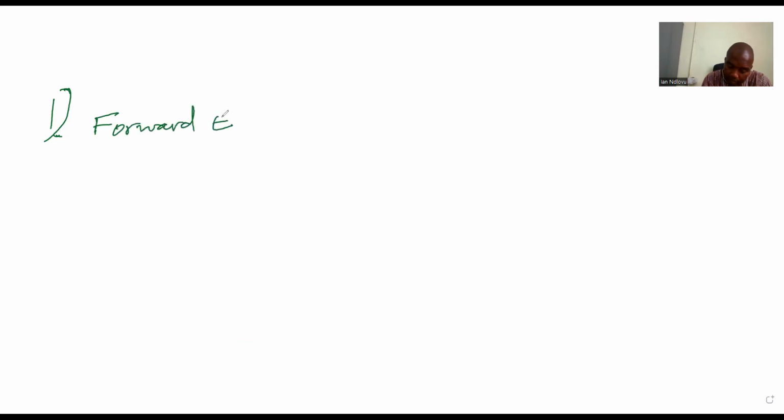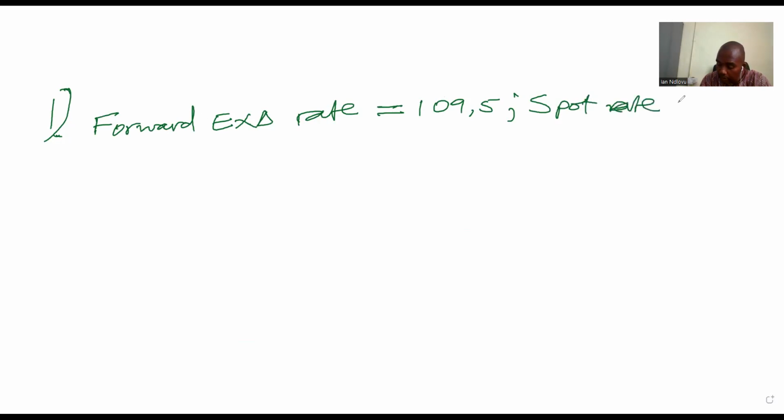The forward exchange rate is equal to 109.5, and the spot rate between the Japanese yen and the United States dollar is 109.38.